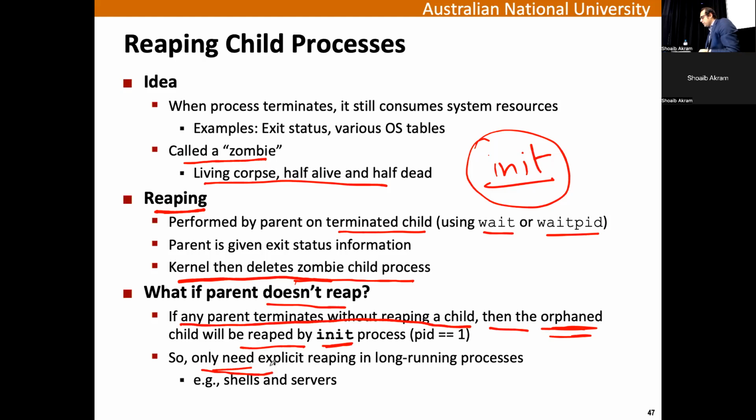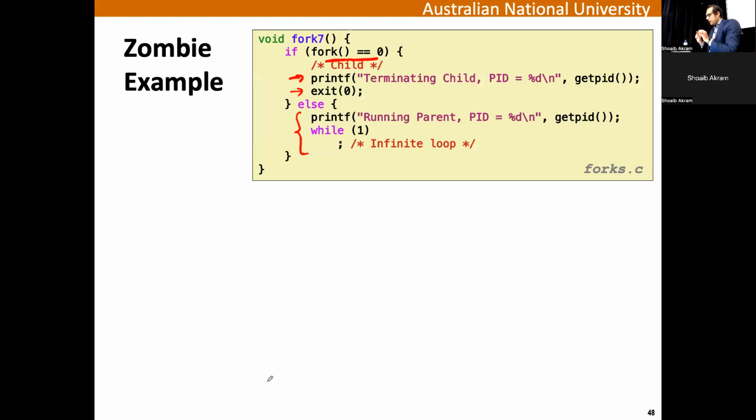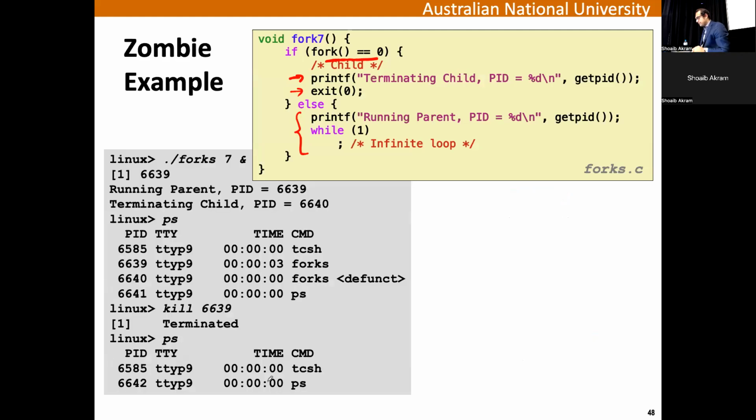It's important to reap children because they still consume resources. Okay, so if we have code like that, where we have a child process that hasn't been reaped by the parent, let's see what happens.